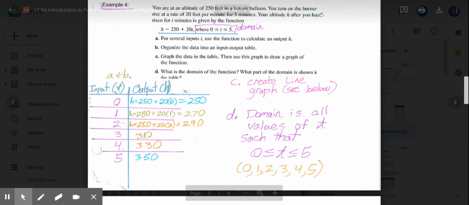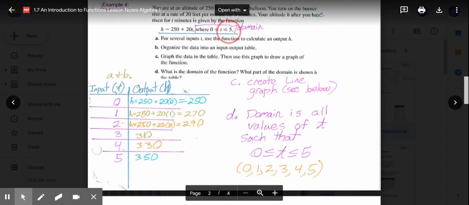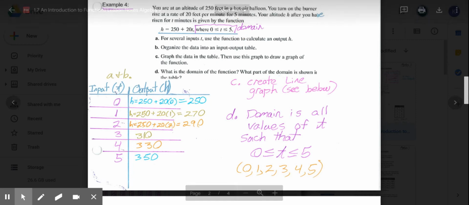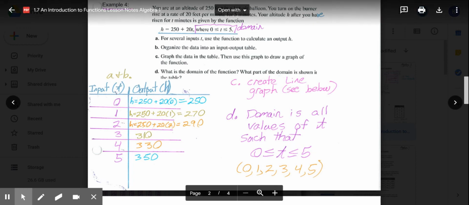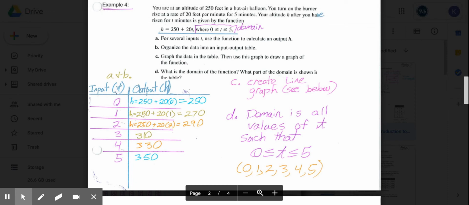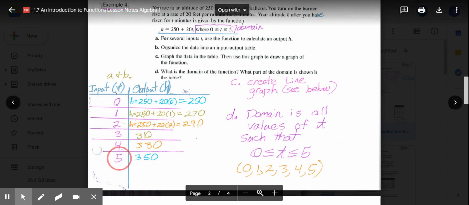But we know it's limited to 0 through 5. So in this case, the domain is all the values of t when t is greater than or equal to 0 and less than or equal to 5. So then if we were going to write the ones that are in the table, that would be 0, 1, 2, 3, 4, and 5, our inputs here.